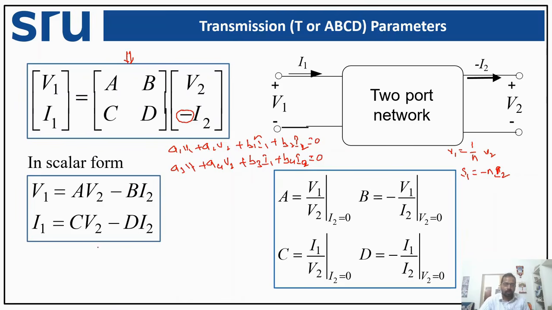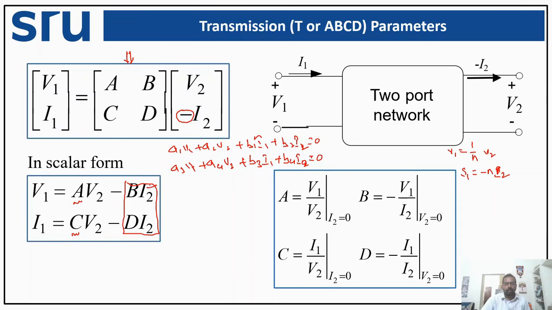If you observe these two equations, we can compute A and C if the second terms, that is these two terms, are 0. How can we make these two terms 0? We cannot make the B term or D term equal to 0. The only controllable element we have here is the current injected at the second port.